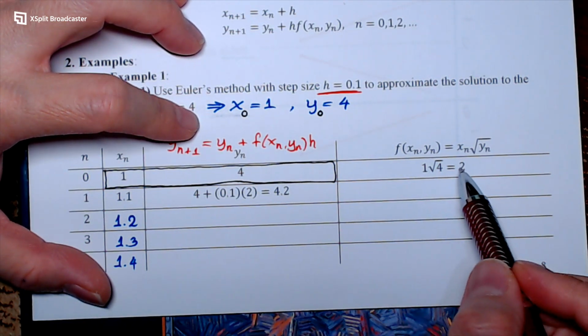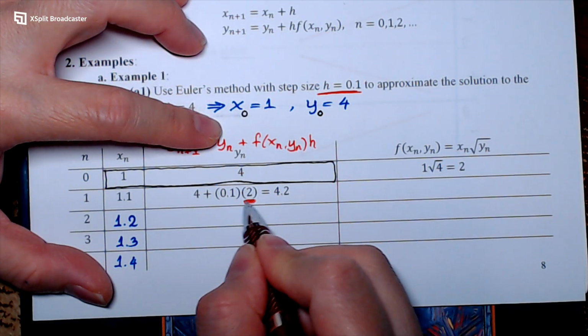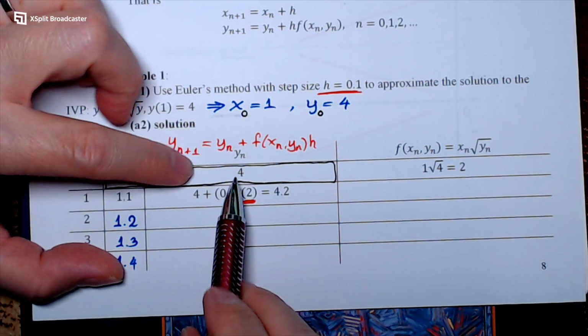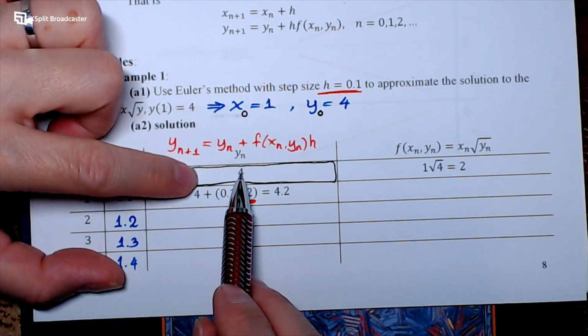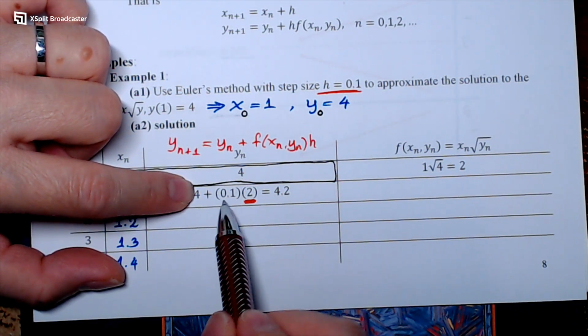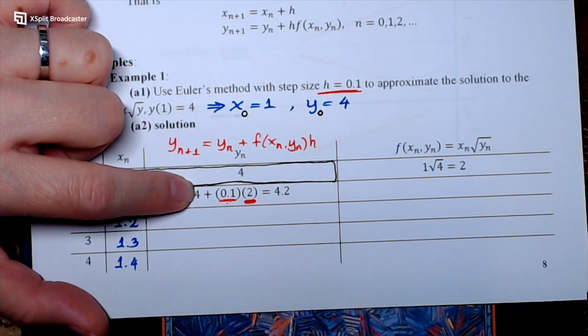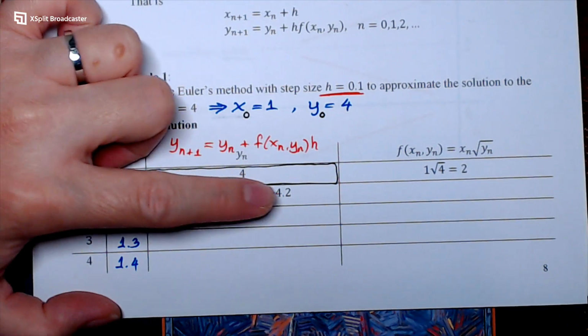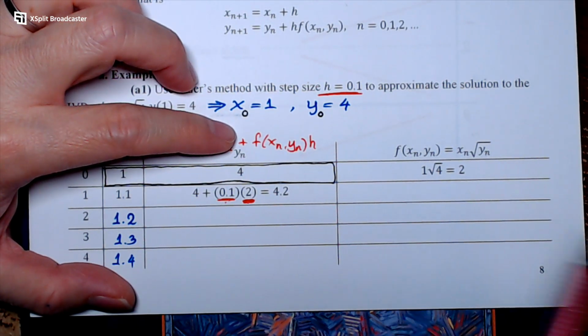The slope is in this case 2. And so we start with this 4. The previous y is 4, plus 2 times 0.1, the step size of 0.1. And we have that. And with that, we can calculate the next slope.